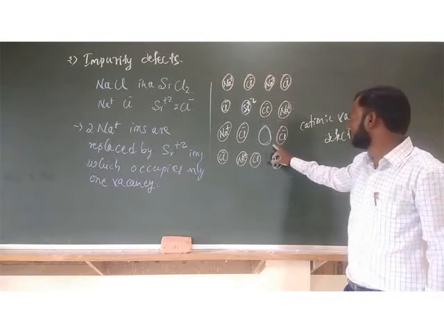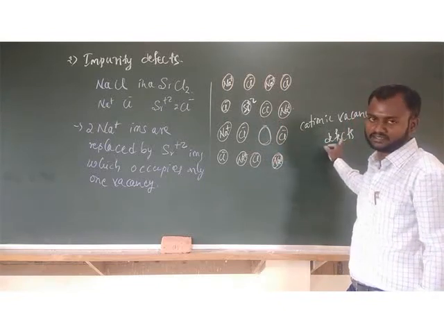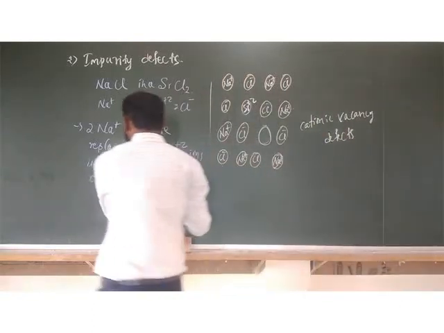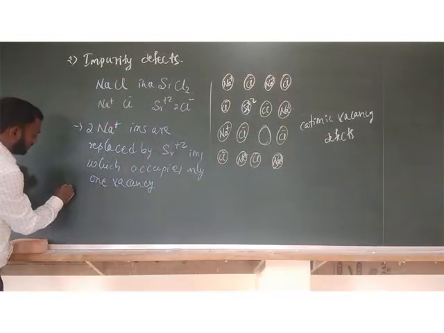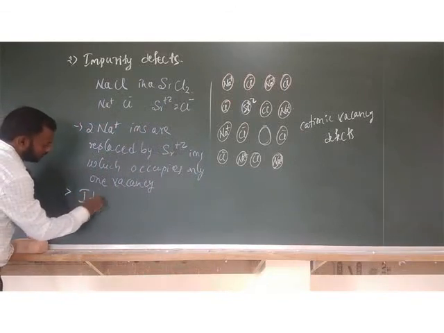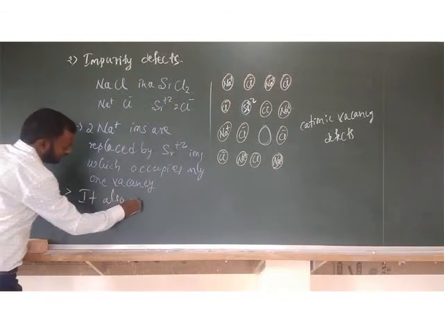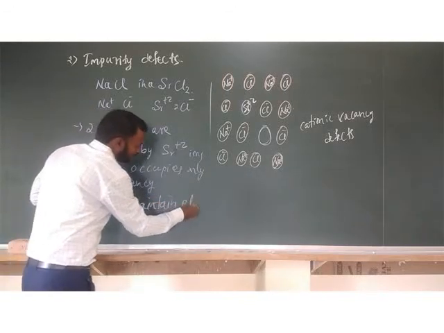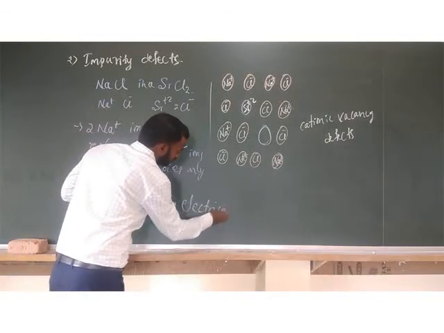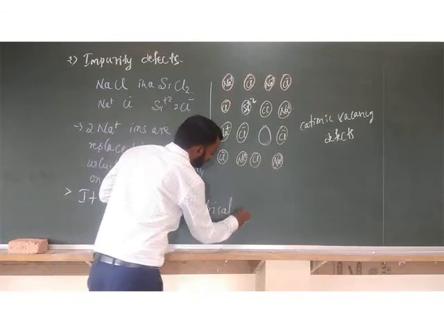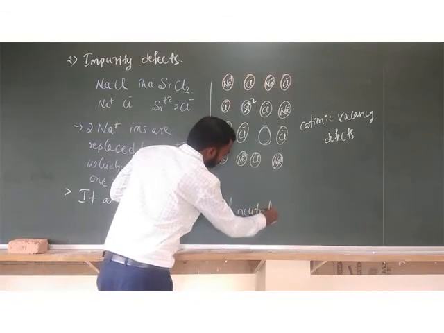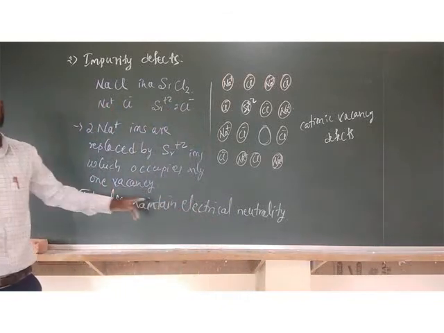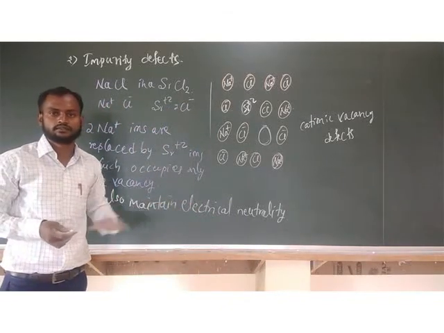So this vacancy is called a cationic vacancy defect or impurity defect, and it also maintains electrical neutrality. Clear?